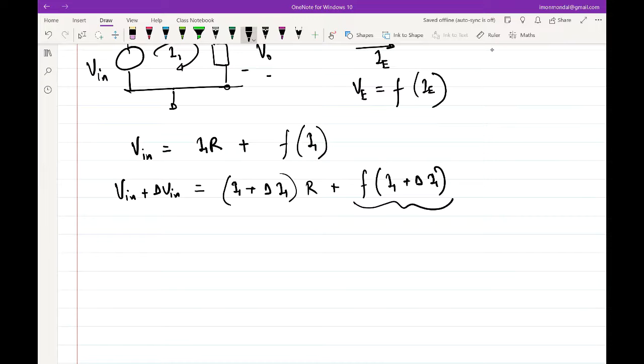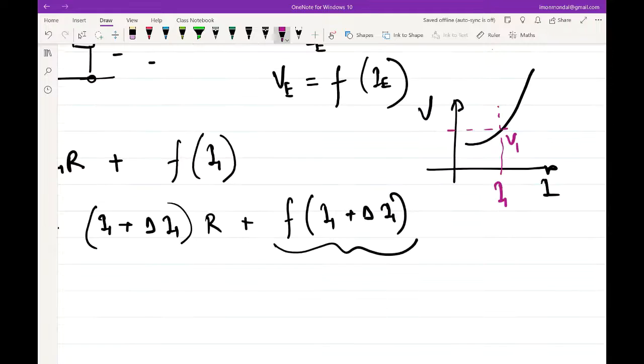So it essentially means that if I know the, let's say V versus I characteristics, not I versus V, because it looks like the independent variable is I. And we say that the V versus I characteristic is somewhat like this. Then if we know where we are, right? If we know where this I1 V1 is, and we say that we are interested in a small portion of the curve, right? In the vicinity of V1.